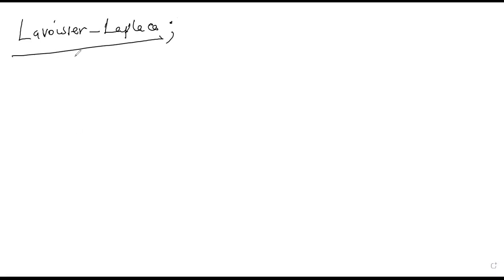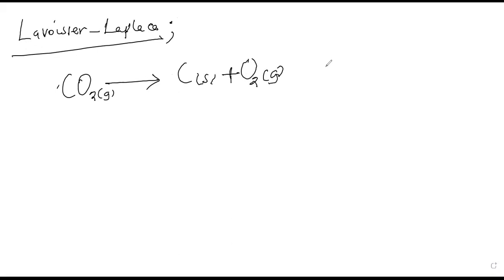With Laplace, I first show it using an equation. Under some heat, carbon dioxide gas can decompose or dissociate to form carbon solid and oxygen gas, with ΔH equal to positive 393 kilojoules per mole.